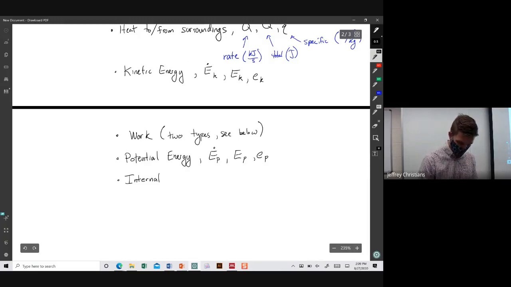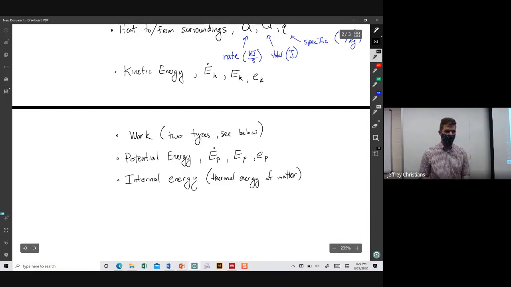Internal energy. I guess a better word would be thermal. So this is the thermal energy of matter.